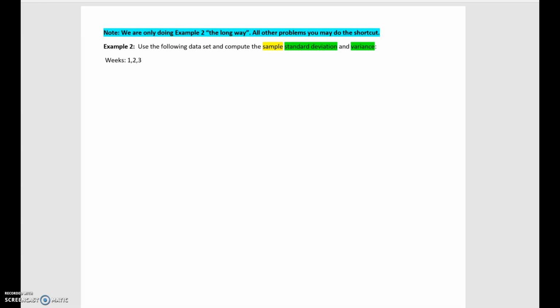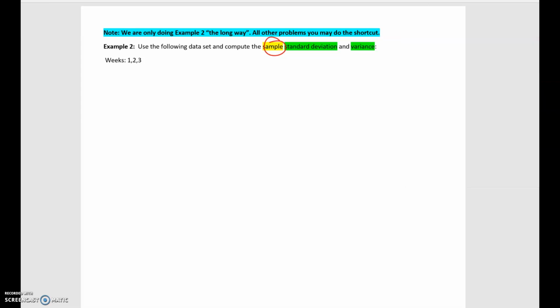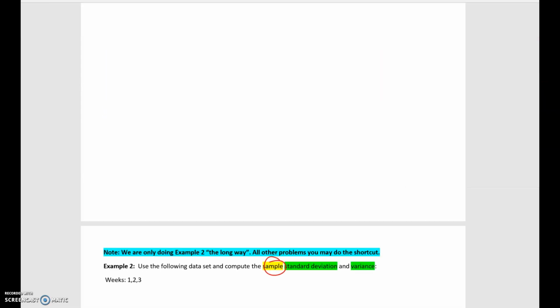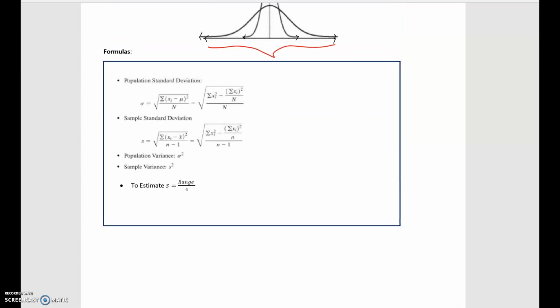What you have here is a sample value. If you're going to evaluate these the long way, you're going to have to start with the variance, and then go in that format. Since you have a sample, the variance is s squared. So technically, it'll be this one, and I strongly recommend using this formula.